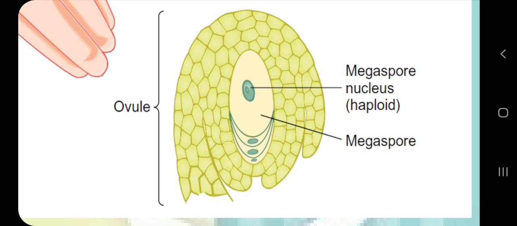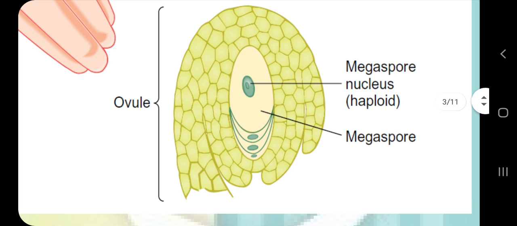But this ovule has some cells which are like the anther chambers, those chambers having microspore mother cells. In the same way, this ovule also has megaspore mother cells, and the megaspore mother cell, if it is one cell, will undergo meiosis and produce 4 haploid cells.